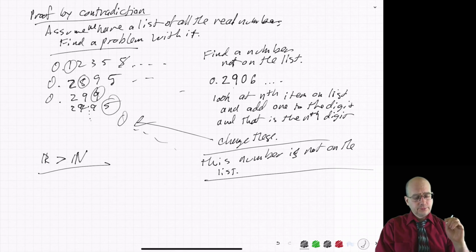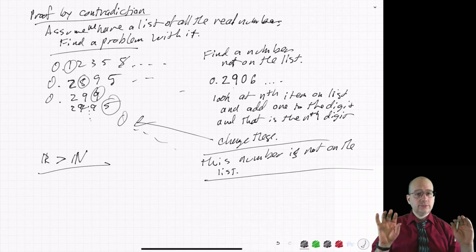Now, so you have all these different numbers on this list, and then basically, what happens? Well, you have to ask yourself, how does this go wrong for the rational numbers, right?